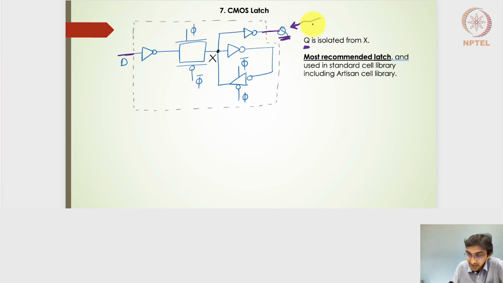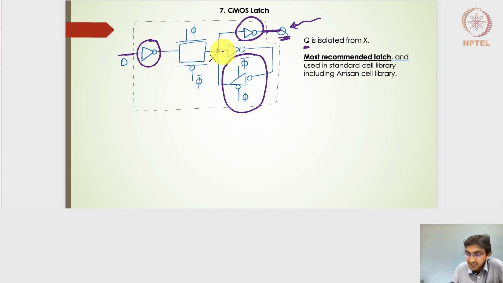Even if there is noise at the Q point, because it is freely available to the outside chip design, even if a noise signal gets coupled into this node, it doesn't get reintroduced into the X node because of this inverter. And the input noise doesn't get coupled because of this inverter. Because of the feedback tri-state inverter, during the opaque state, or during the clock's level low, this X node is maintaining the previous X value, right?